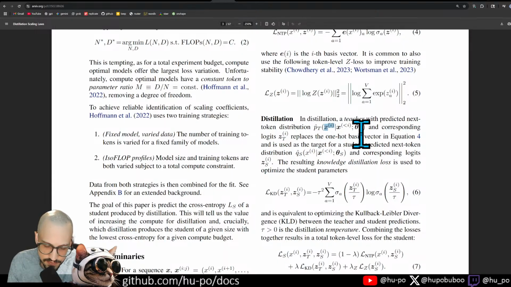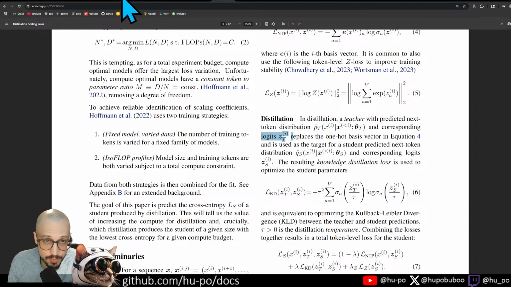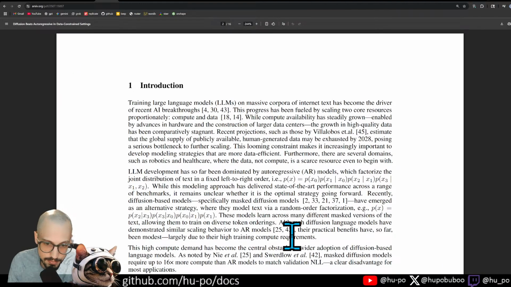Versus if you're just using the GPT 4.5 API, you only get the actual token that it was. So you don't have the full logits, you just get the actual token. So it's less efficient to distill if you don't have access to the logits than if you do, which is why I feel like distilling with something like diffusion, which apparently has much better data efficiency, seems like a good idea.